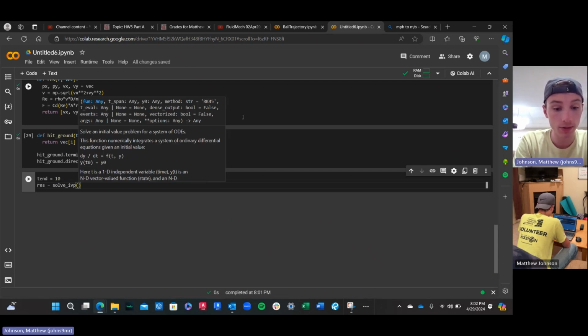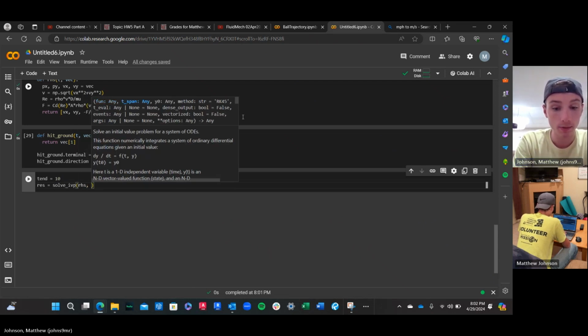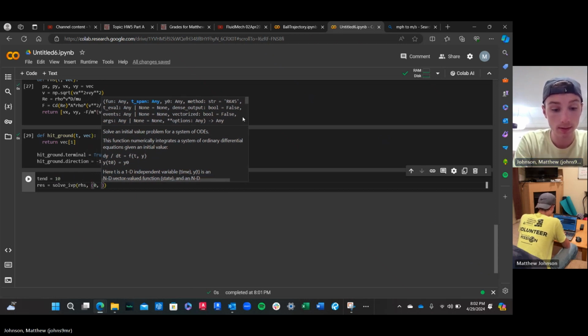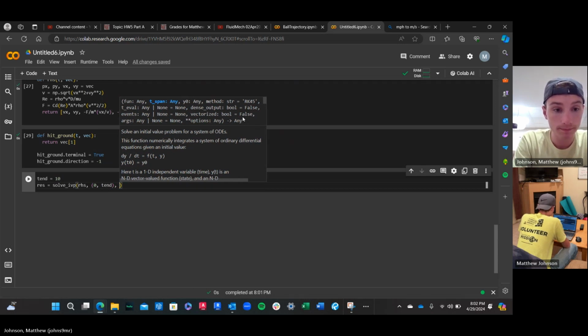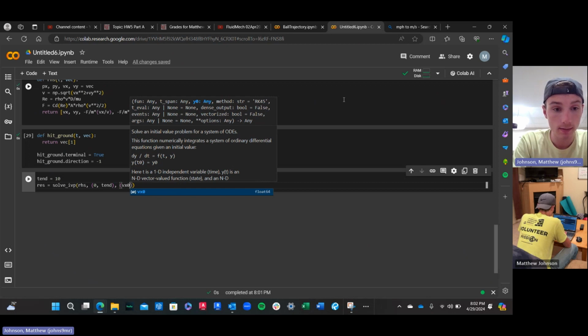We need our function, which is right side. We're going from 0 to t end. Our initial values are the x naught.